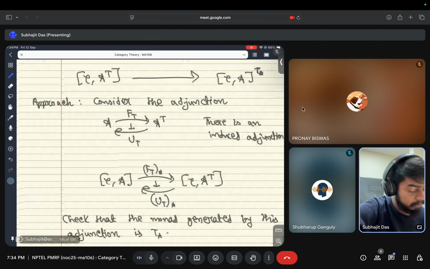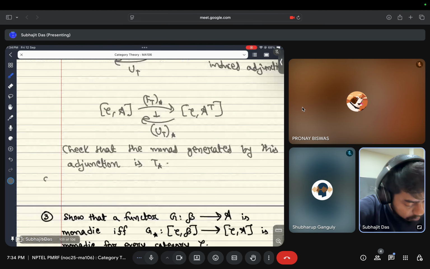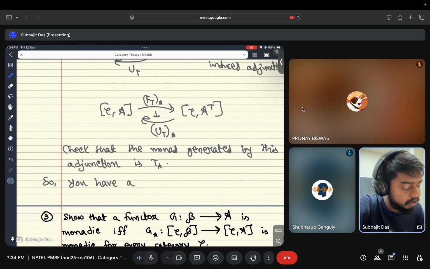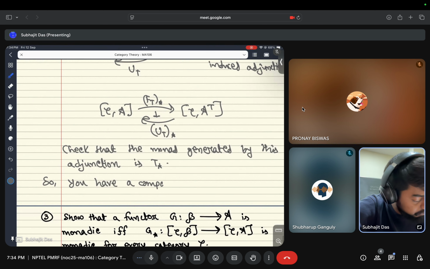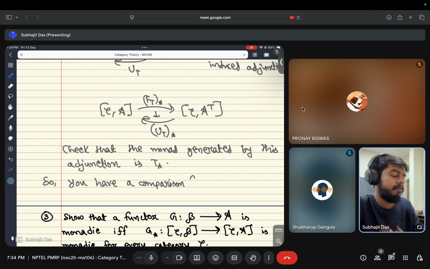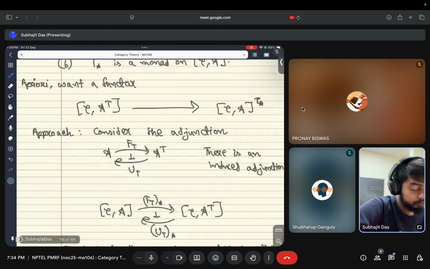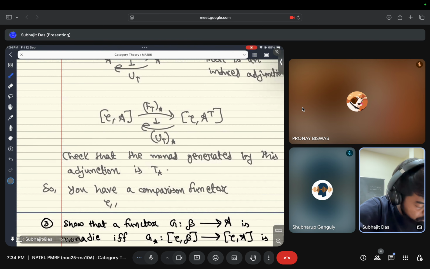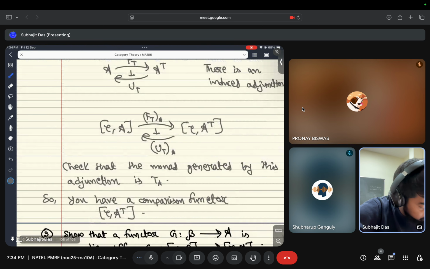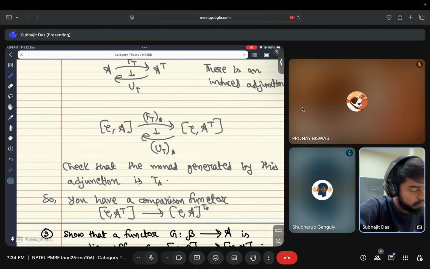So you have a functor, a comparison functor. Right.